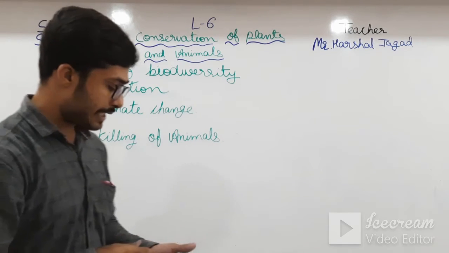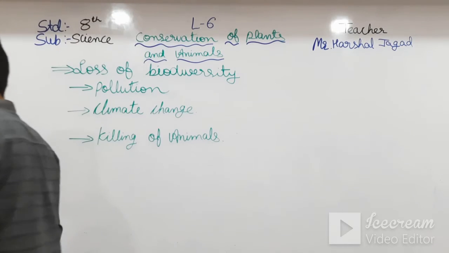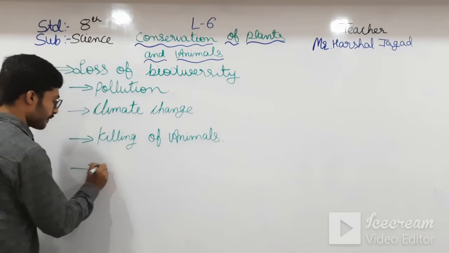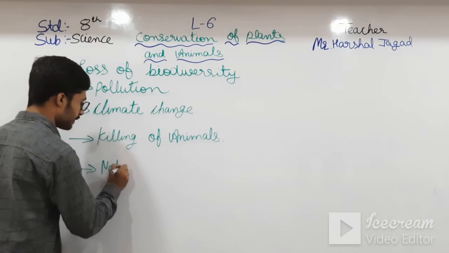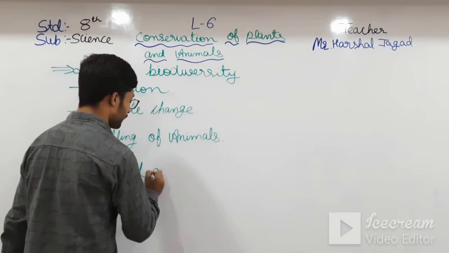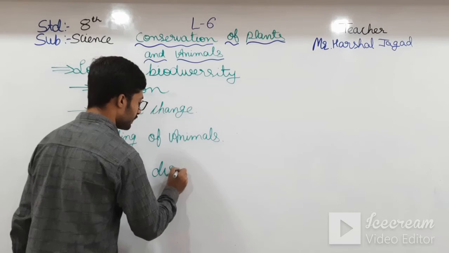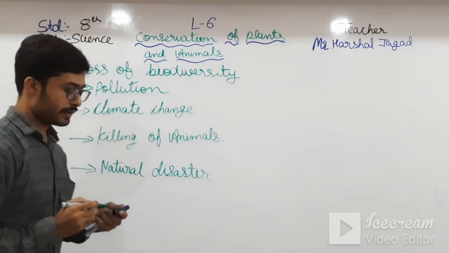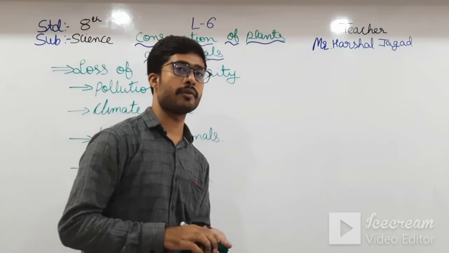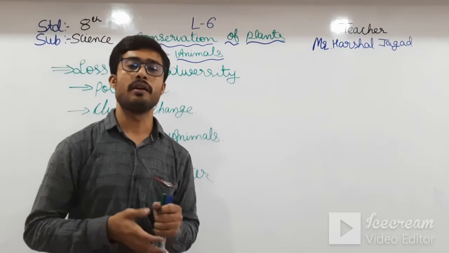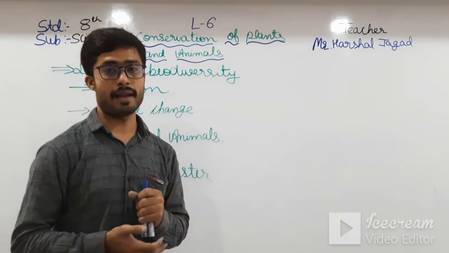And the next point is natural disaster. Natural disasters like cyclone, flood, hurricane and others also affect the loss of biodiversity.